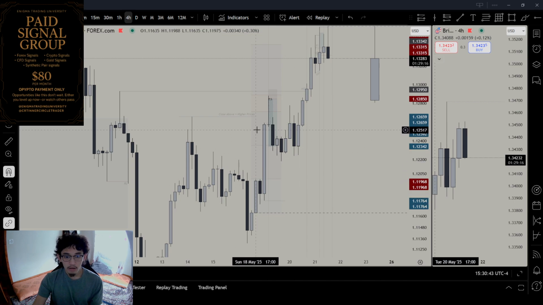Now once you have that, you're going to mark up the CBDR range, high and low. The one you mark out is the CBDR one, which is the 5 p.m. candle. And usually CBDR equals 10 pips.